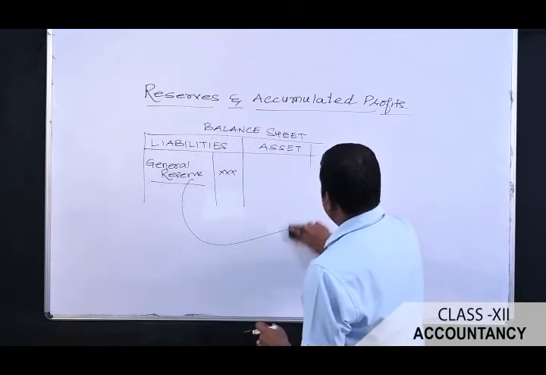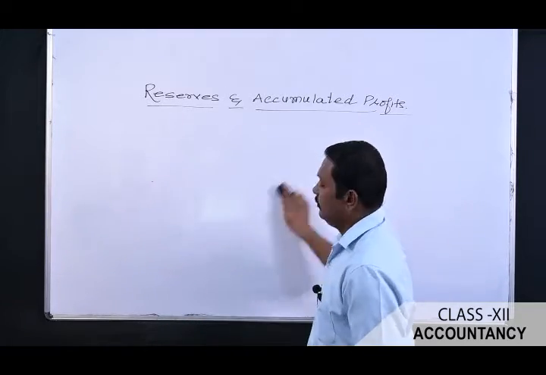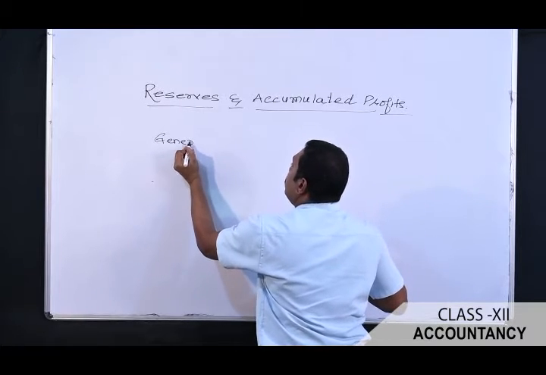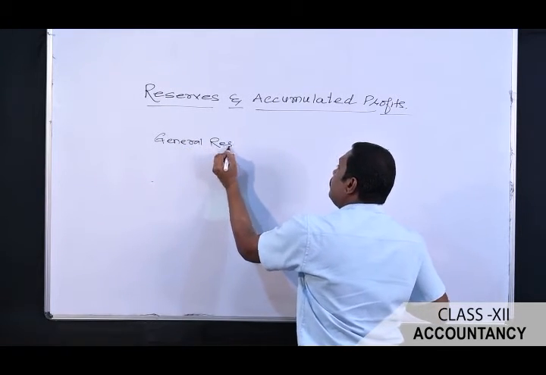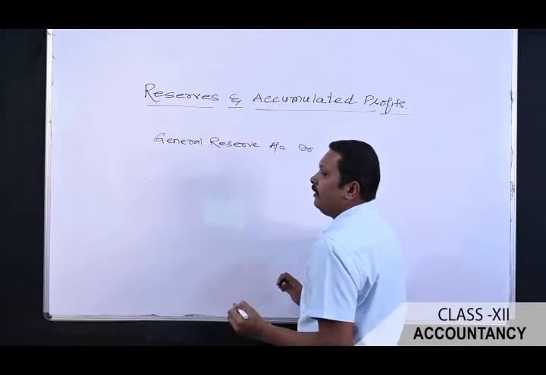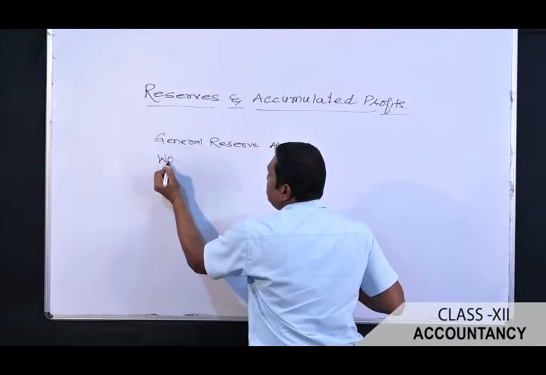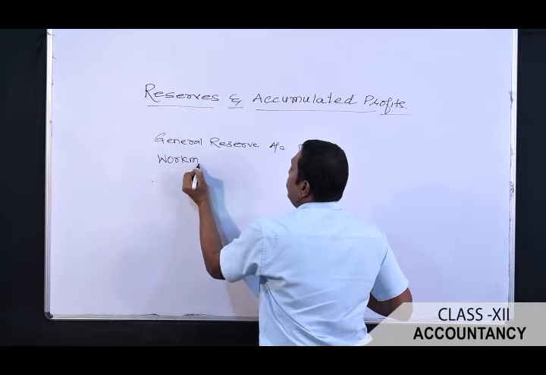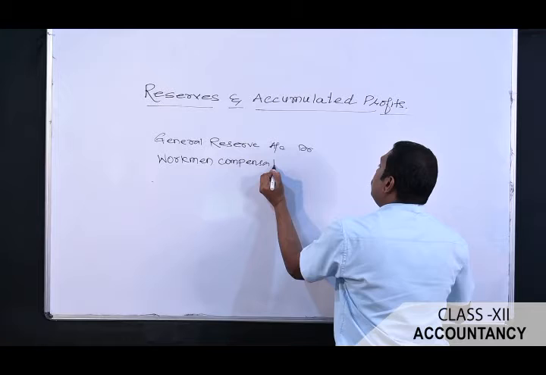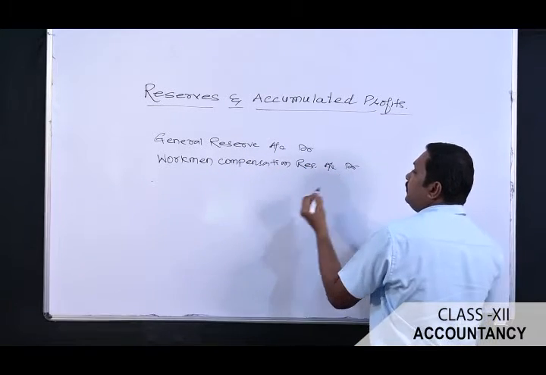The entry will be general reserve account debit. What may be the accumulated profit? It may be workman compensation reserve account debit.